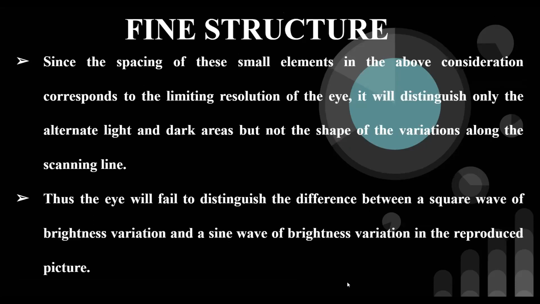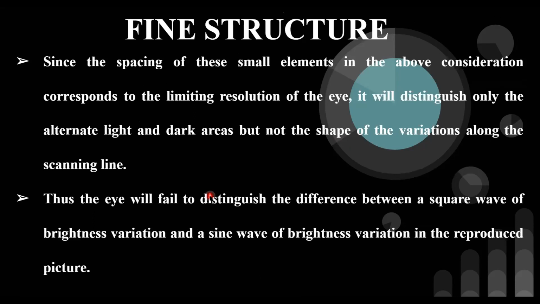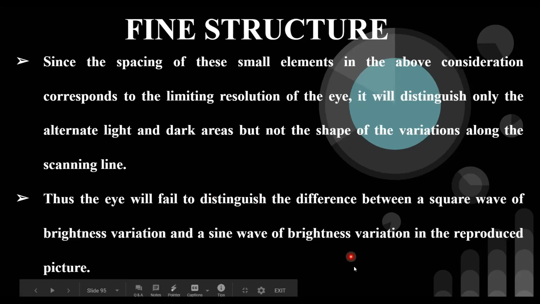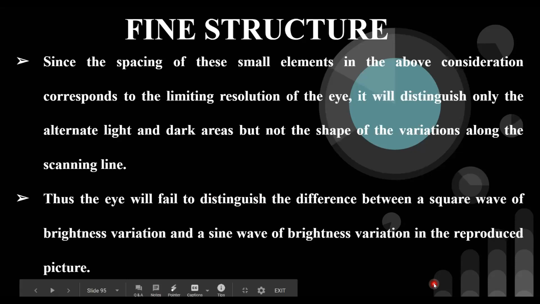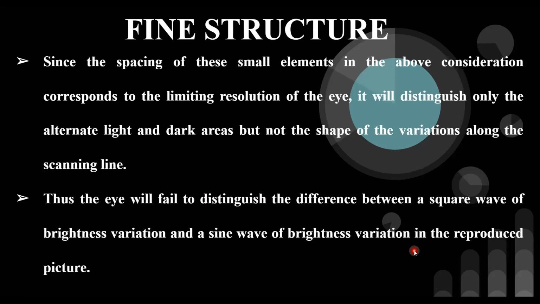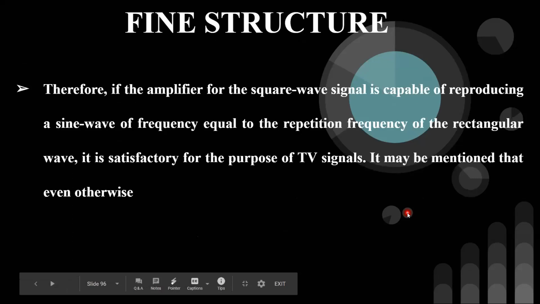So the color information needs less bandwidth, and can be accommodated within the 7 megahertz allotted for monochrome TV transmission. So brightness and gradations are very important color characteristics. That is what we look at here.